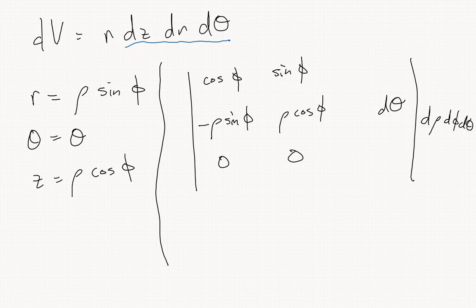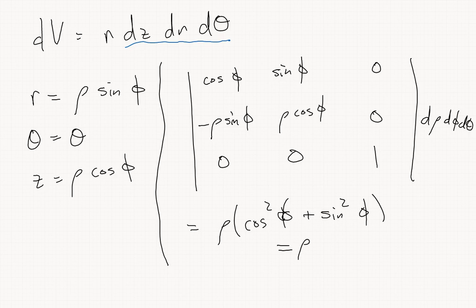And then since the thetas are the same, we'll put 0, 0, 1 here. So this determinant is a lot easier to evaluate. This will be rho times cos squared phi plus sine squared phi, which is just rho. So rho d rho d phi d theta.